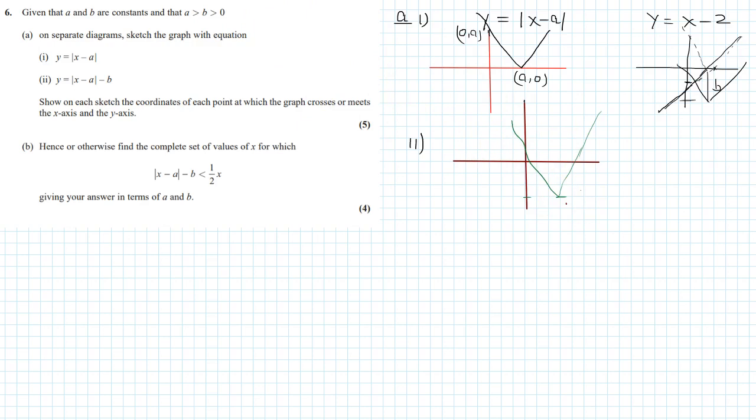So this will be y is equal to modulus x minus a minus b. This is b point, it's going down. This is 0, so that one. So this point will be a and b.